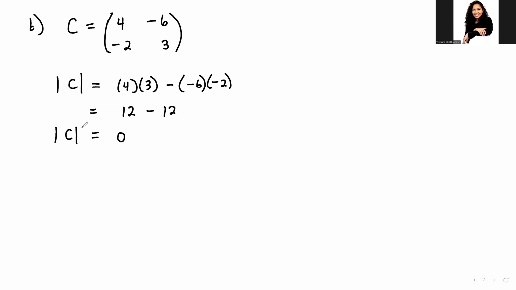And here is something that you have to learn. When the determinant of a matrix is equal to 0, it's called a singular matrix.